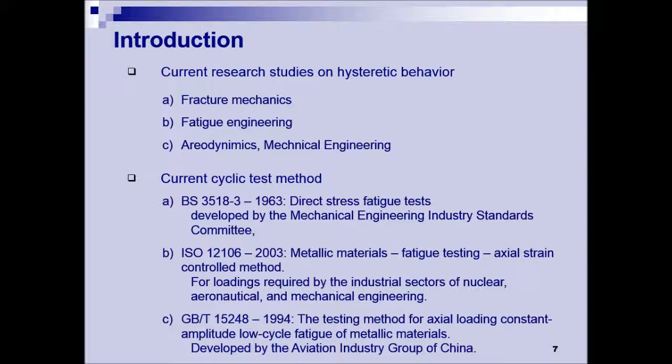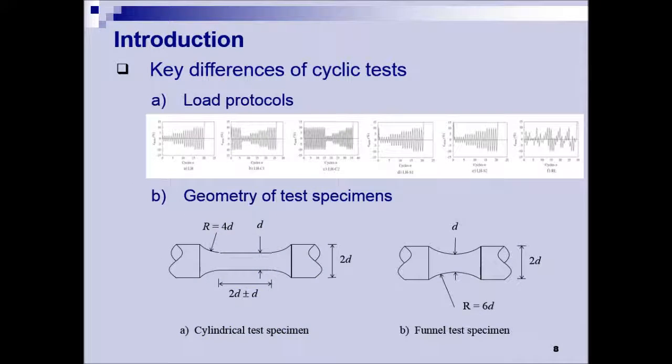The current research studies on cyclic tests are mainly contributed by fracture mechanics, fatigue engineering, aerodynamics, and mechanical engineering, and the current standardized cyclic test methods were also established for those applications. Hence, different testing details could be found in the literature due to different applications.